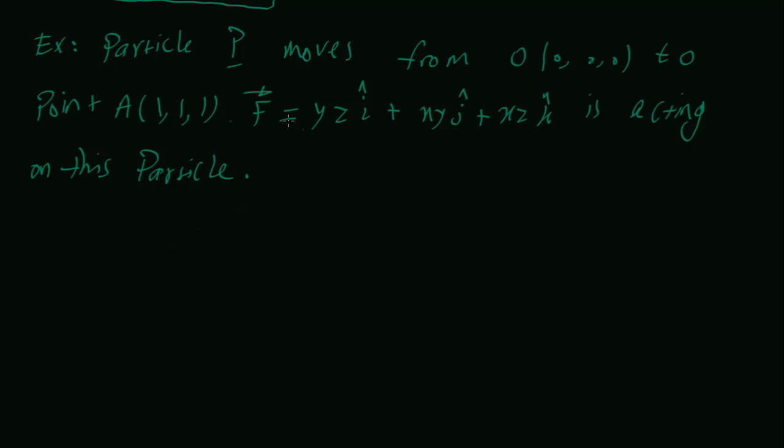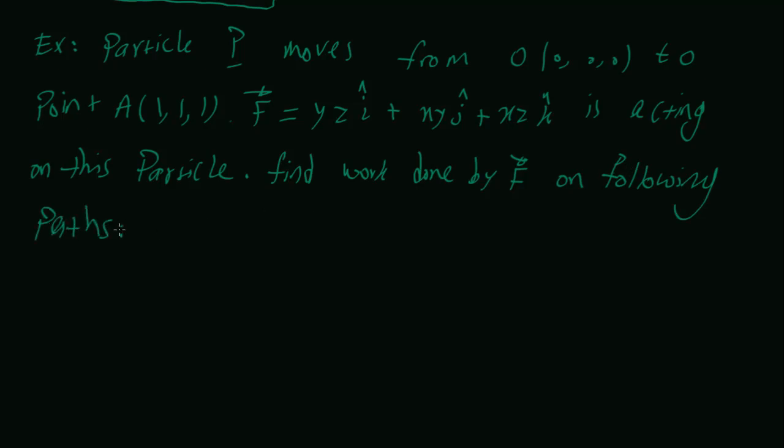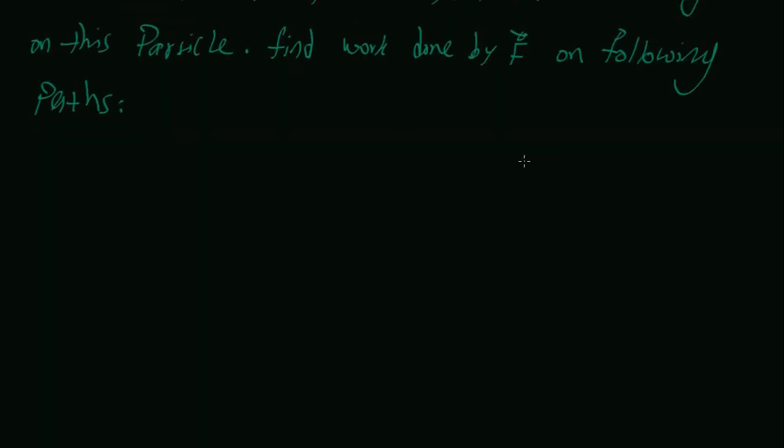So we want to find the work done by F on the following paths. So the first path that we have here, let's just draw the origin and also point A here.